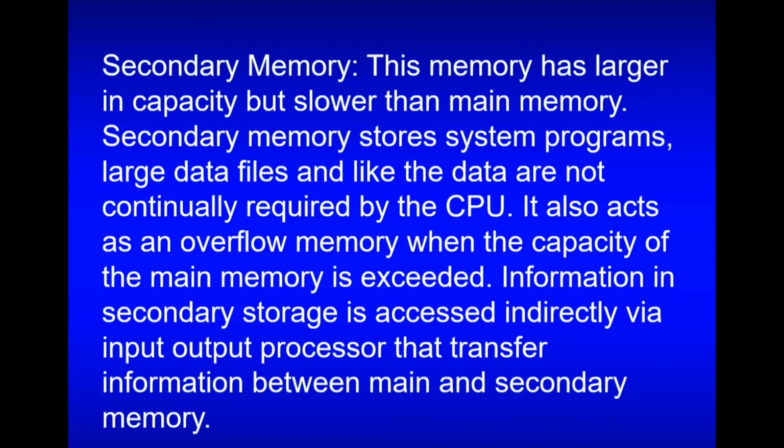You are going to store the movie in secondary memory, in the hard disk, or in external memory such as a pen drive, because that data is not continuously used by the microprocessor. But whenever the data is required, you can access it from the secondary memory. So that is what that statement means.